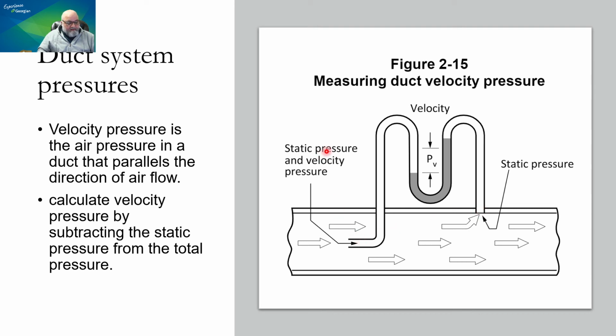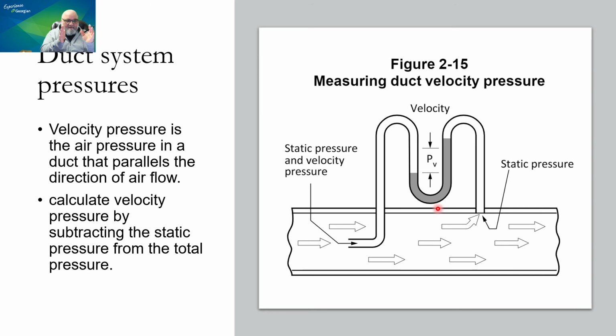How? Well, isn't this static pressure and velocity pressure? So isn't static pressure pressing in this direction? Yes. Isn't static pressure also pressing in this direction? Yes. Don't these opposite forces cancel each other? Yeah, they do. It's genius.